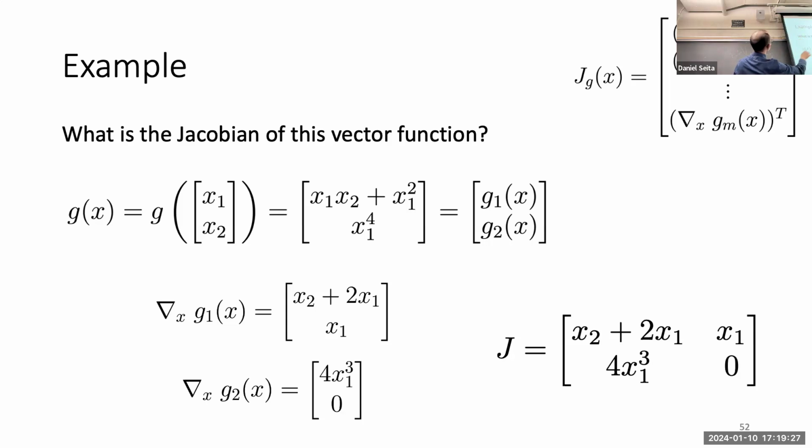This thing is x2 plus 2x1. This goes away. Yeah, it should be x1, right? Because the partial derivative with respect to x2 of this term. Yeah, and then you just keep this.